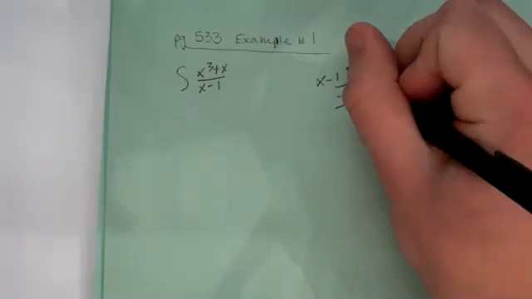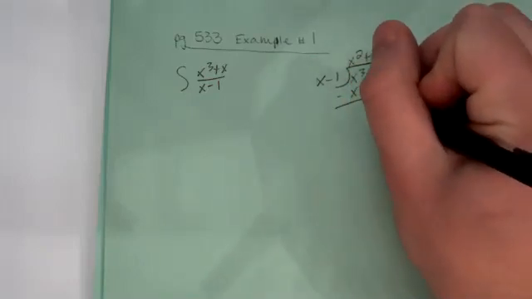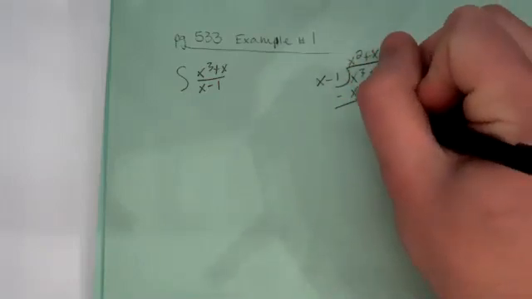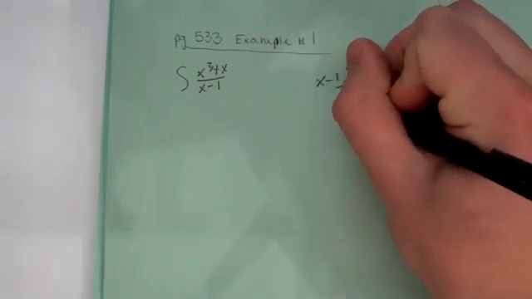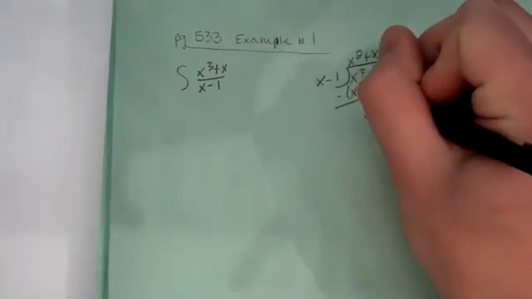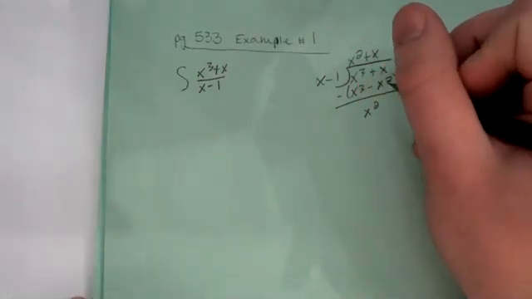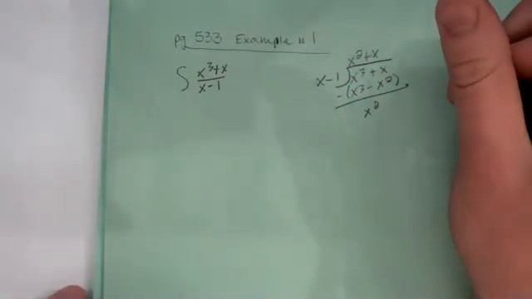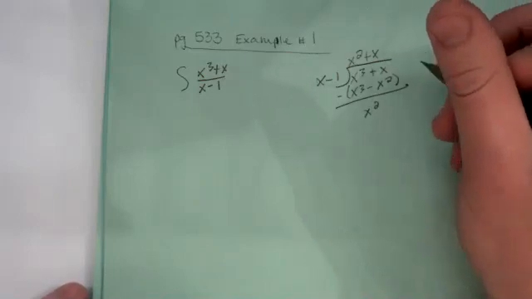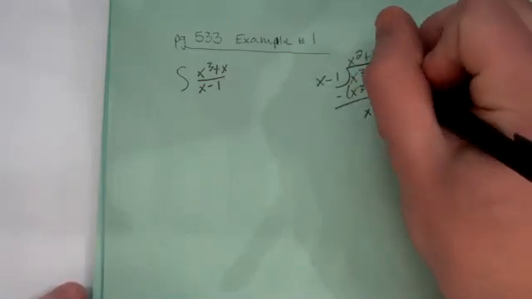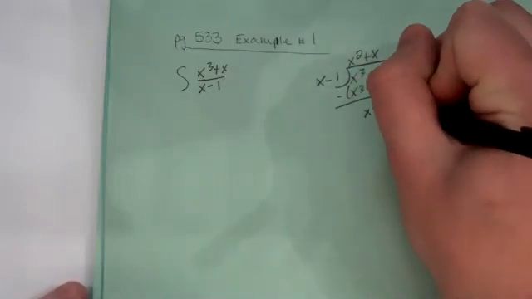Now these cancel out, and then we get an x squared, because that becomes positive since the two negative signs cancel out. And then this plus x just comes right down.